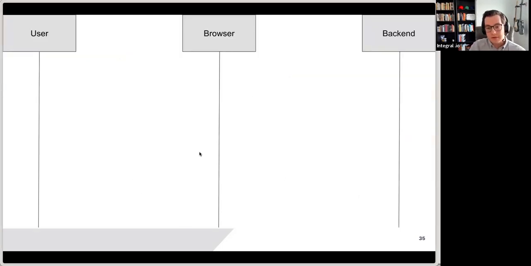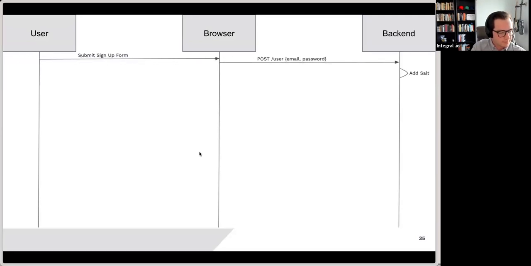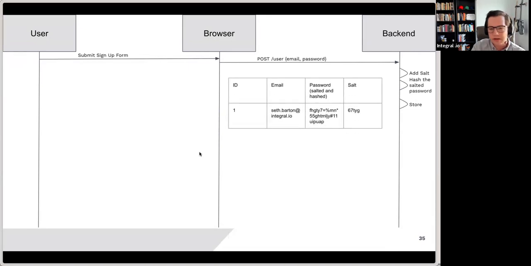JWTs are very similar, or the way that the browser gets a hold of them is very similar to the way it would work with a session ID. The difference here is that there's no storing the JWT in the database. That's kind of the whole point of a JWT.